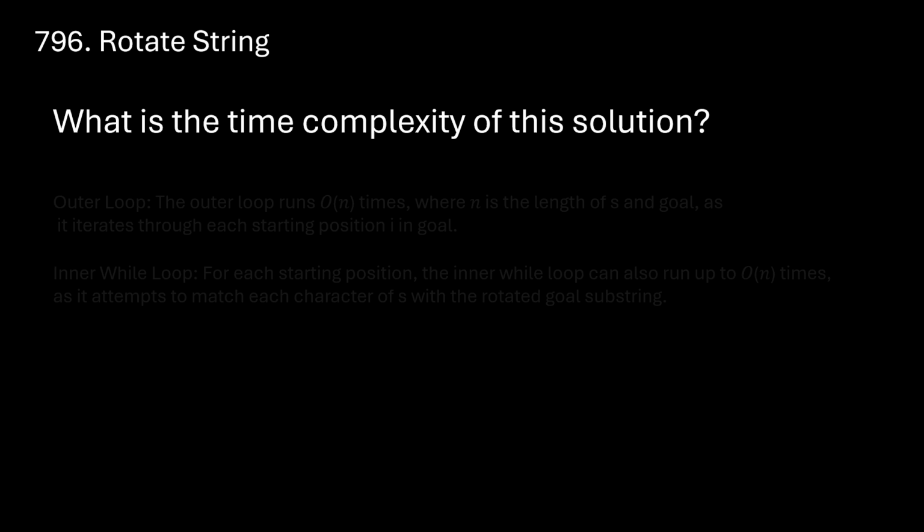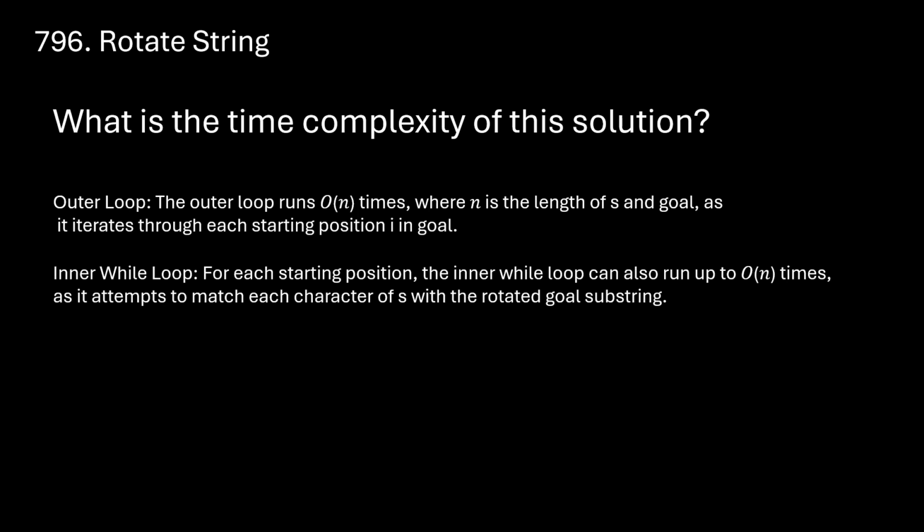The inner while loop can also run up to big O of n times as it attempts to match each character of s with the rotated goal substring. So it's just big O of n squared, because two loops inside of each other usually results in big O of n squared in the worst case. Space complexity in this case would just be big O of 1 because we're not really allocating any data structures. We're just using pointers to solve the problem.